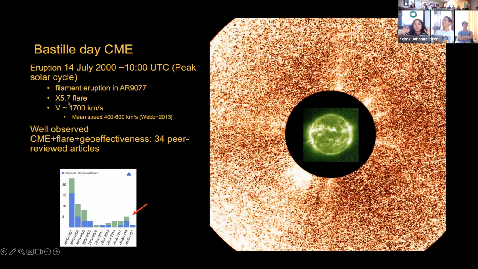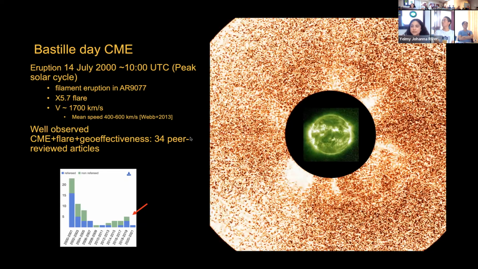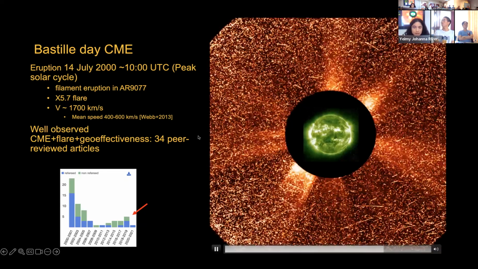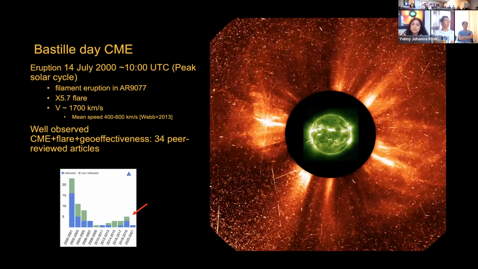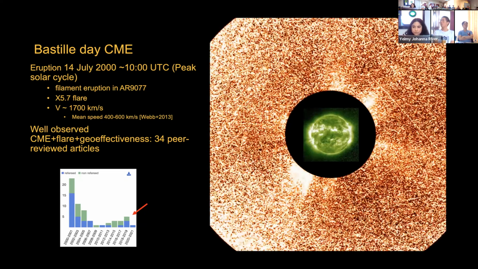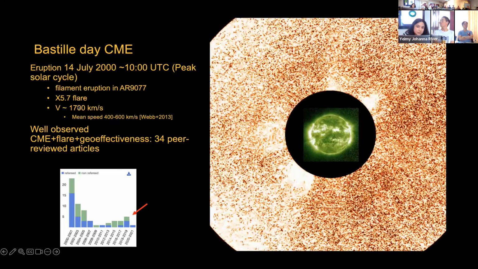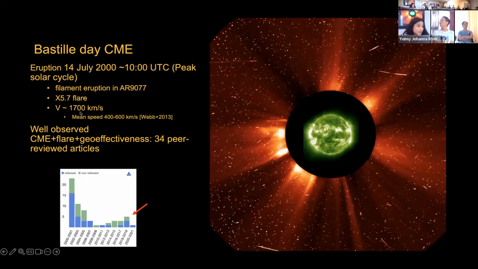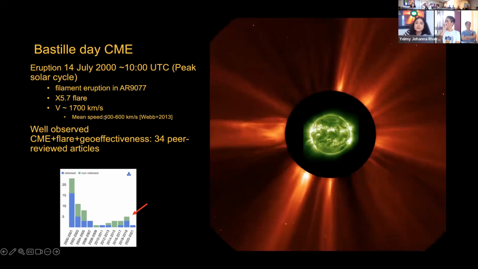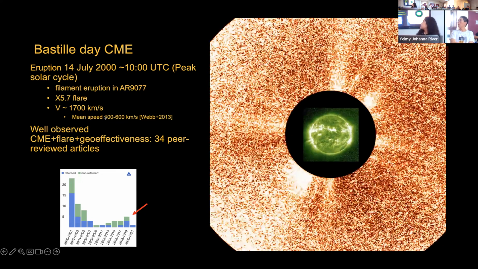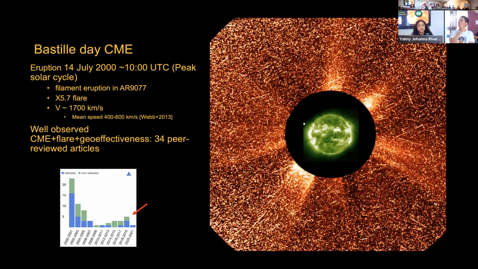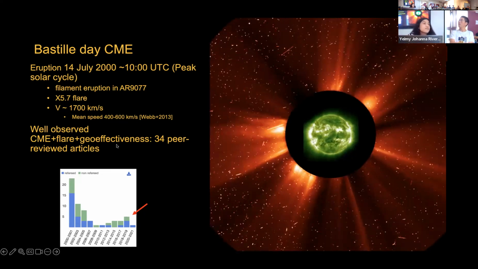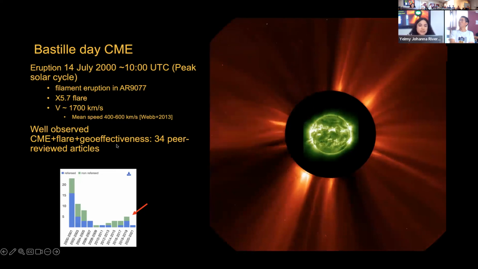And you can also see the energetic particles in the detector just after the eruption. The leading edge of the coronal mass ejection in the coronagraph was clocked at roughly 1,700 kilometers per second. That's very, very fast. The mean speed of a typical CME, looking at a whole solar cycle, is roughly between 400 and 500 or 600 kilometers per second.